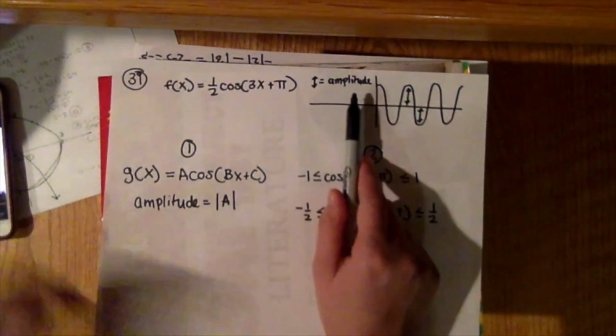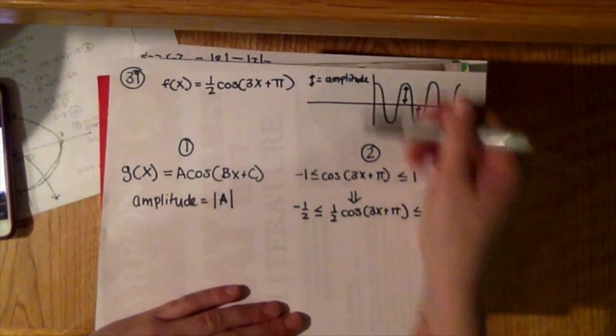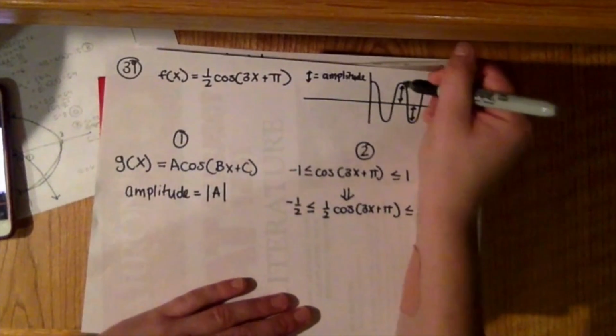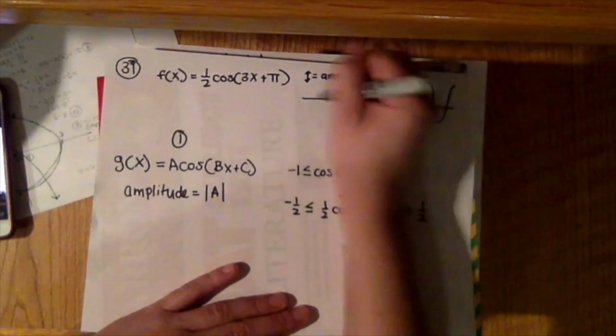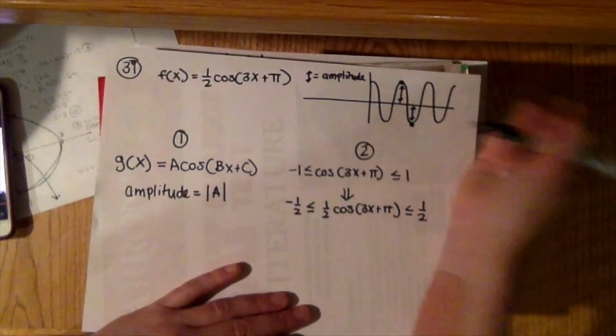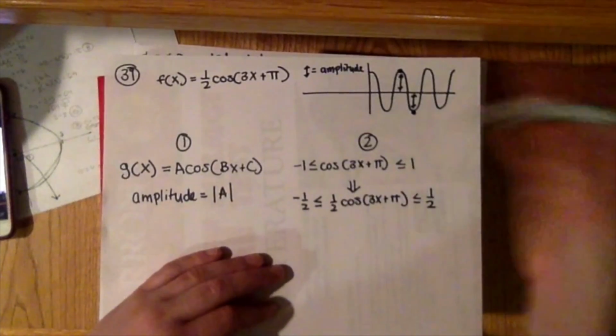So amplitude is, if you're looking at a wave, which is usually modeled by a sine or a cosine function like this, the amplitude is the distance from the midline or the center to the crest here, or the trough here. So when you have an equation, there's 2 ways to solve this problem.